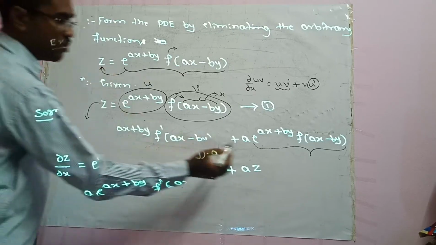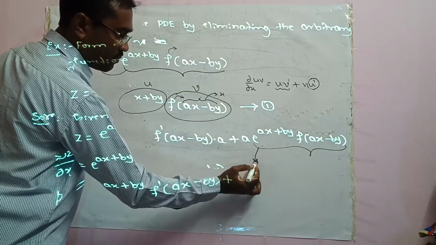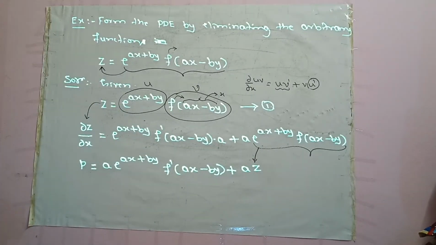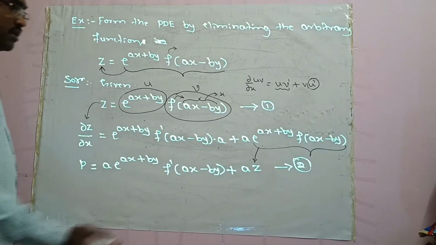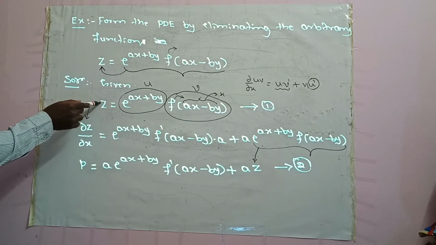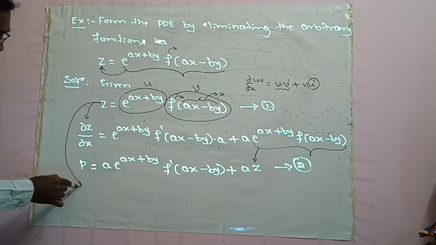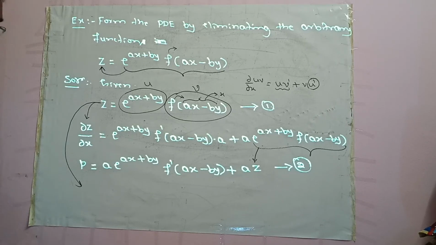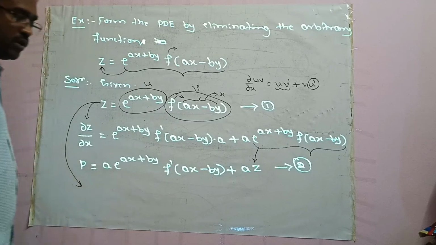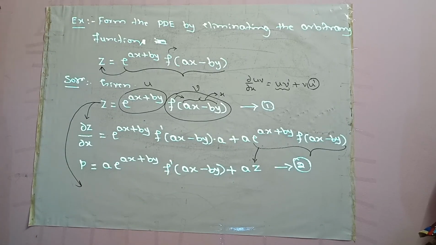So we can write this whole thing as z. Call it as equation number 2. Now similarly we differentiate z with respect to y. Now we will get same kind of equation which we call it as equation number 3. Let us go next.